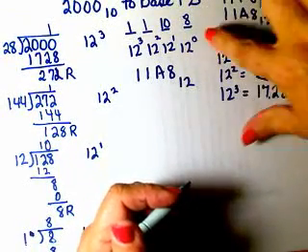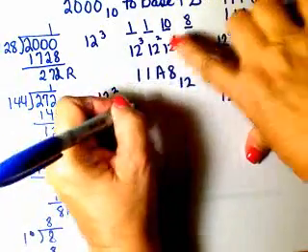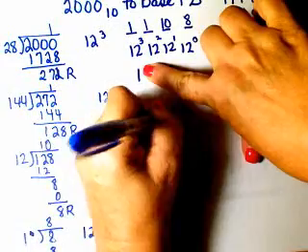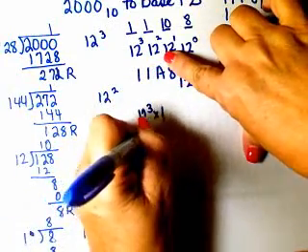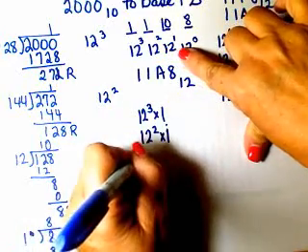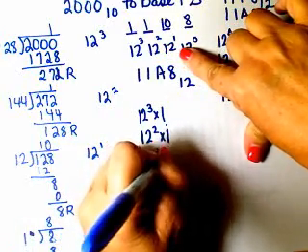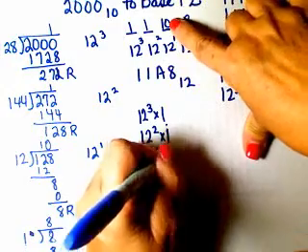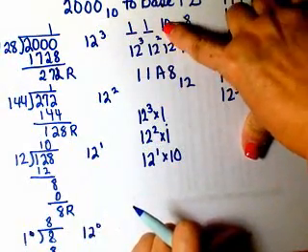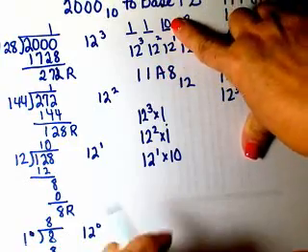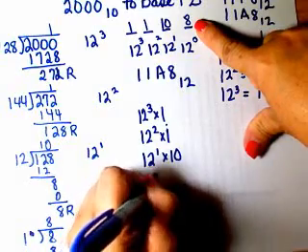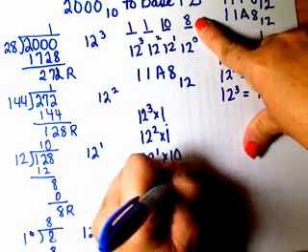Okay? Then you do backwards to convert. So we really have this up here. So we have 12 to the third times 1, 12 to the second times 1, 12 to the first times A or 10. See, that's why I always write it out this way and then do the conversion, because when I'm checking it, I have my numbers ready right there. And then 12 to the 0 times 8.